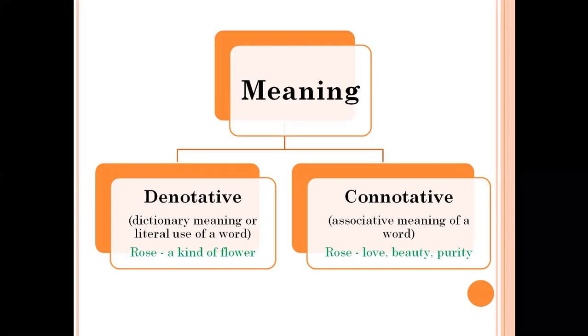A novelist, a poet, a dramatist may be interested in the connotative meaning. But a linguist is more concerned with the denotative meaning of a word, the dictionary meaning of the words.